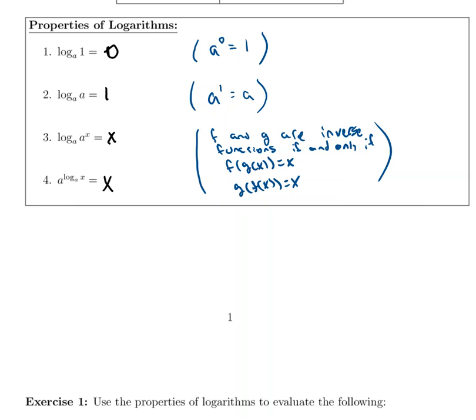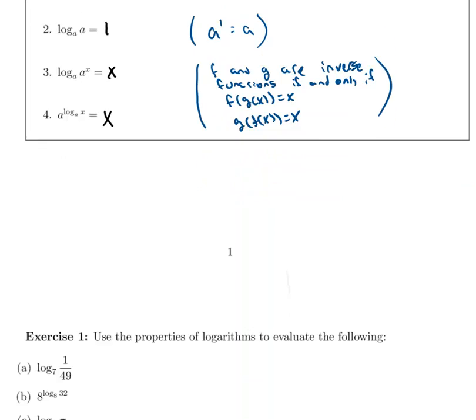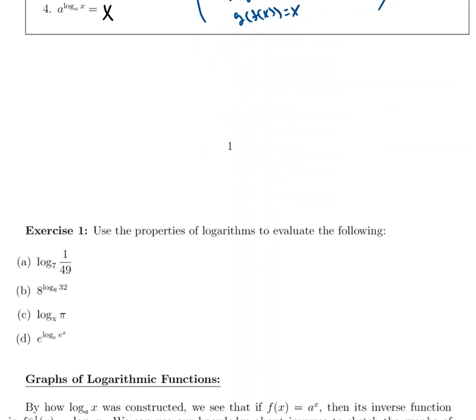And we can use these properties to evaluate some simple things with logarithms. For instance, if I want log base 7 of 1/49th, I know that 1/49th is the same as 7 to the negative second power.